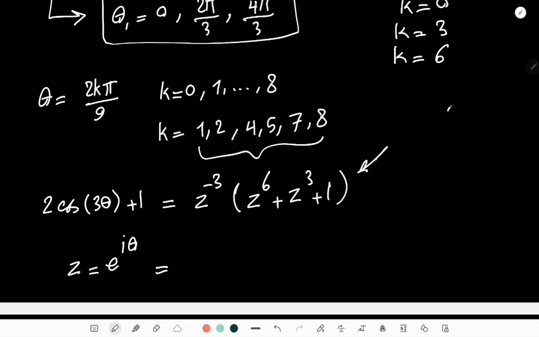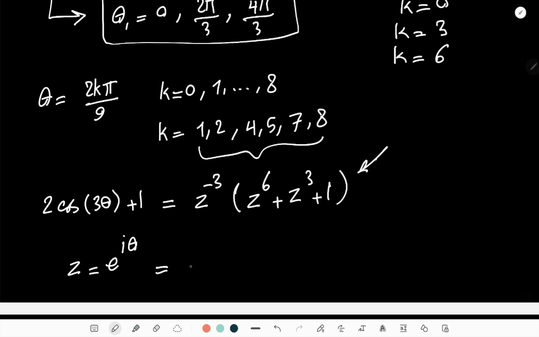theta will be 2 pi over 9, and then 4 pi over 9, and so on. Let's just write them down, okay? We don't need to do that here.